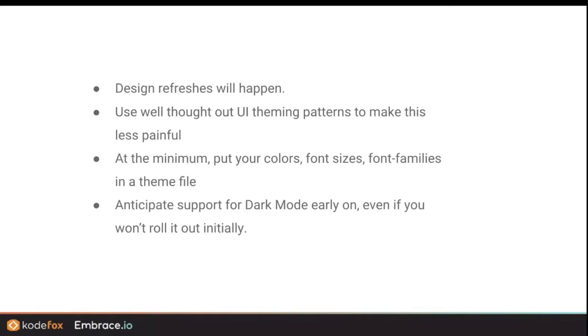The companies that made good mobile app architecture decisions early on, good theming patterns, use the right theming libraries, are probably coming out winning, right? And so, at minimum, if you don't take anything else away from the UI theming piece, just have your developers put your colors, your font sizes, your font families, put things like that into a theme file, and put it in a place where you can tweak it and adjust it and change it.